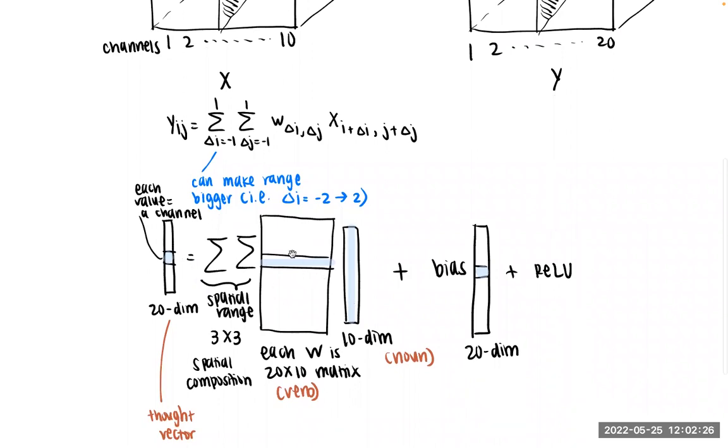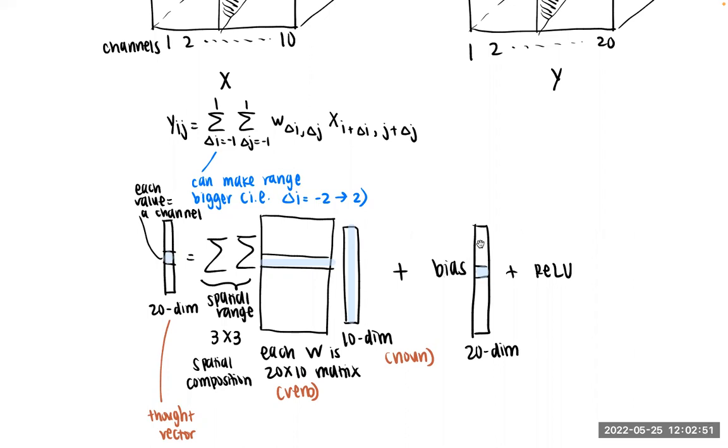You see, we actually linearly combine 3 by 3, which is 9 vectors. Okay, so this is a 10-dimensional vector. If we multiply this 10-dimensional vector by a 20 by 10 matrix in front, we get a 20-dimensional vector. And then we add them up, and we get this 20-dimensional vector.